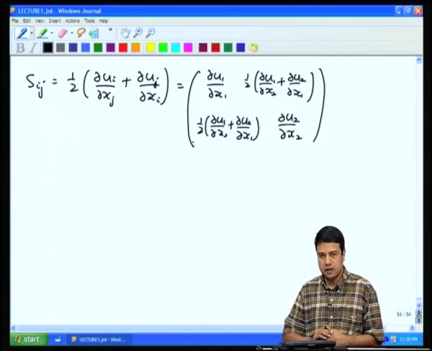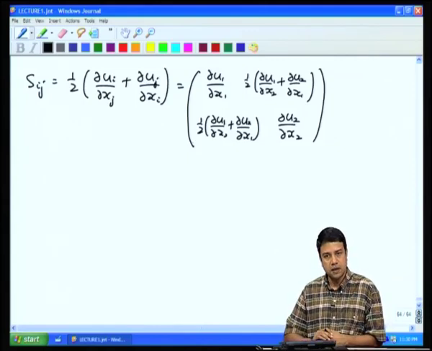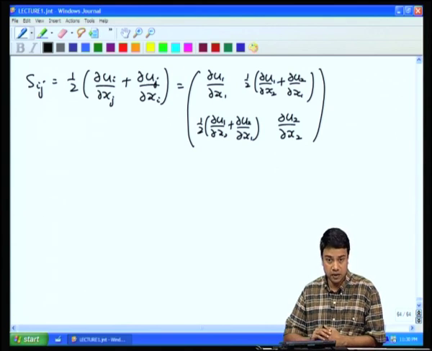So, this is the symmetric matrix, and I can further separate it out into 2 parts. One is what is called an isotropic matrix.